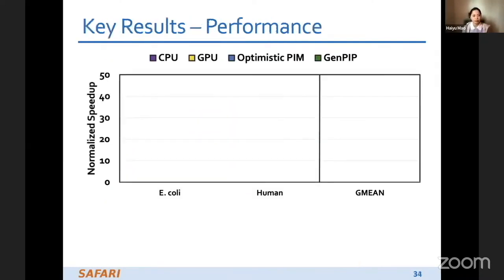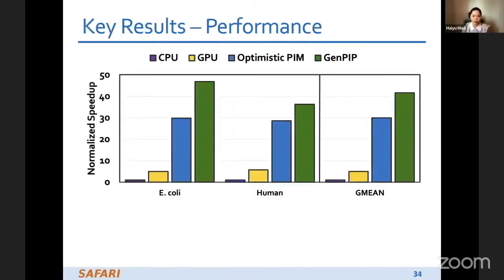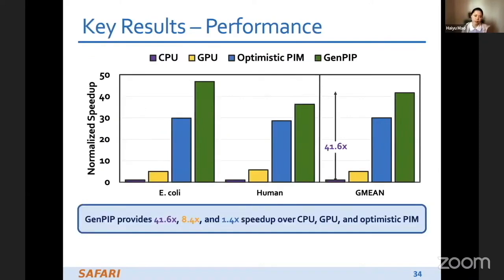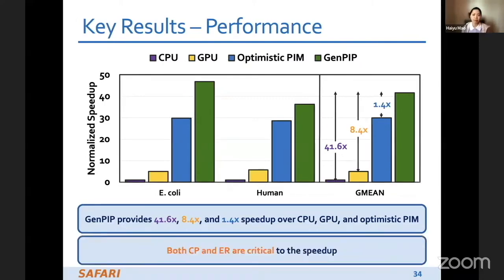Here are the results for the performance. GenPIP achieves 41 times speedup compared to CPU, 8.4 times speedup over GPU, and 1.4 times speedup over optimistic PIM. More results in the paper show that both CP and ER are critical to the speedup.